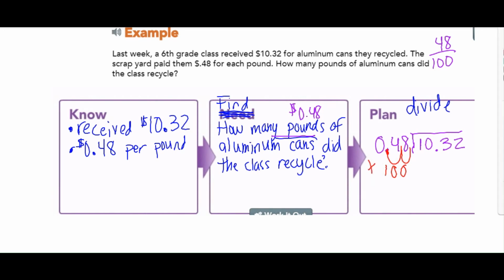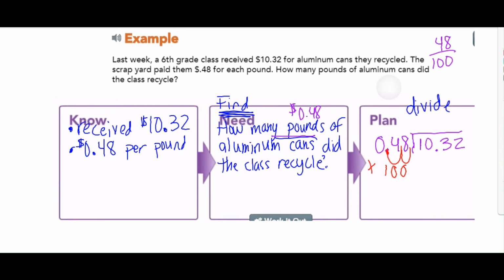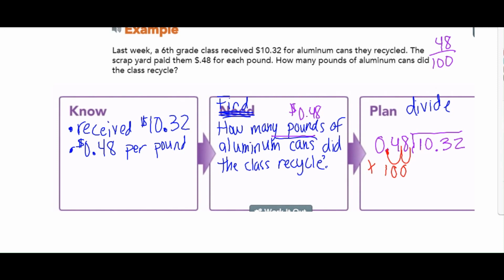So since we had to move the decimal point 2 times to the right for the divisor, which is multiplying by 100, we have to do the same thing for the dividend. So we have to move this decimal point 1, 2 times, which is multiplying by 100 as well. So if we wanted to write out our new expression, we will write it as 1032, because our new decimal point is behind the 2, divided by 48.